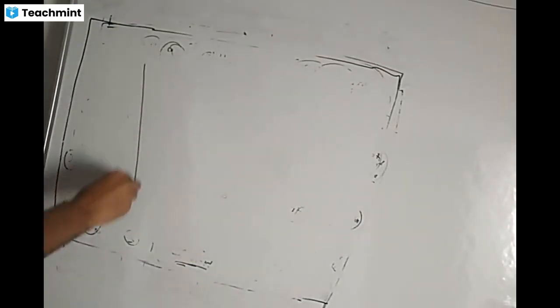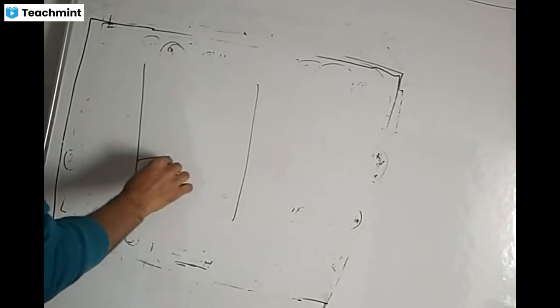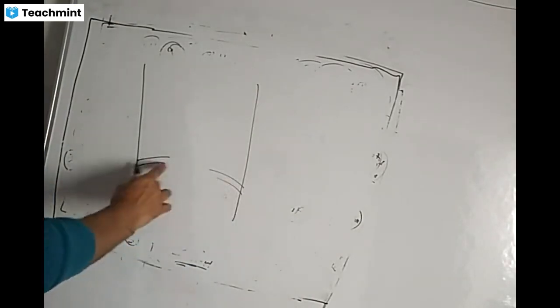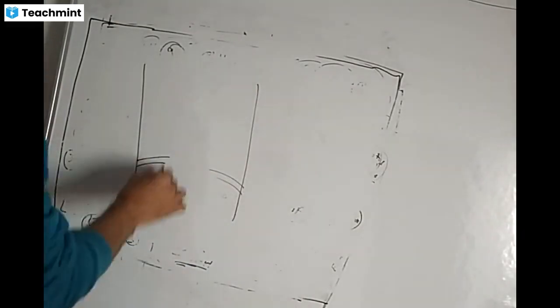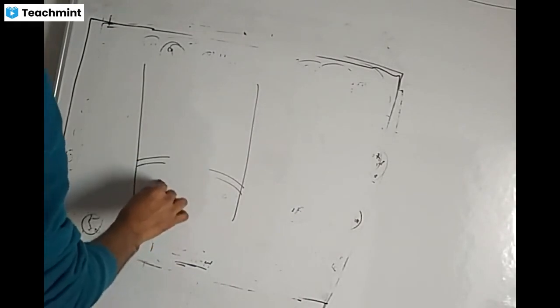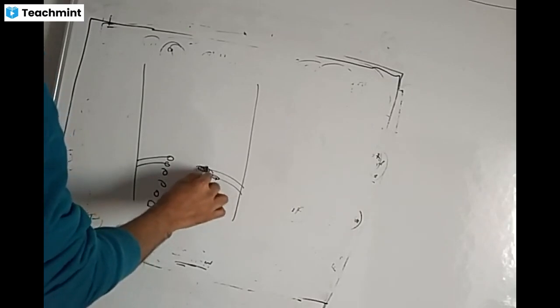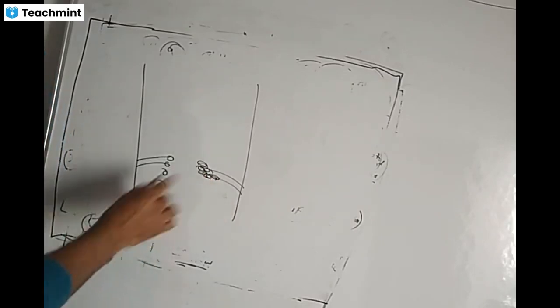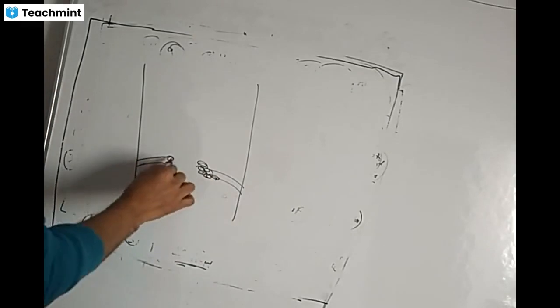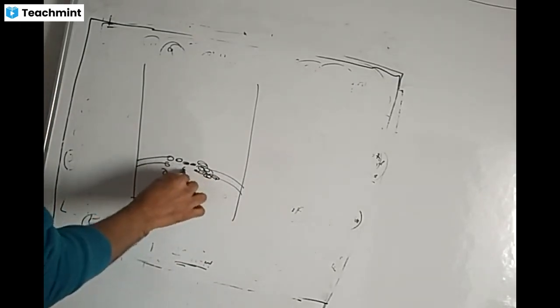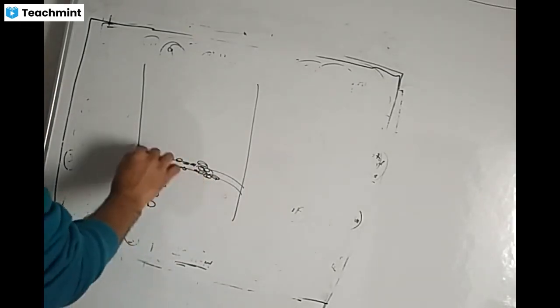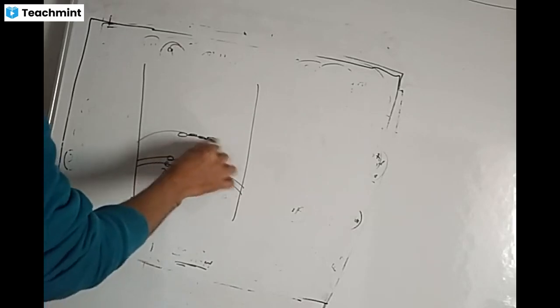So suppose these are the blood vessels which are ruptured. The endothelial cells are coming, they are migrating, and from the existing vessel, these will proliferate and join the two, like this.